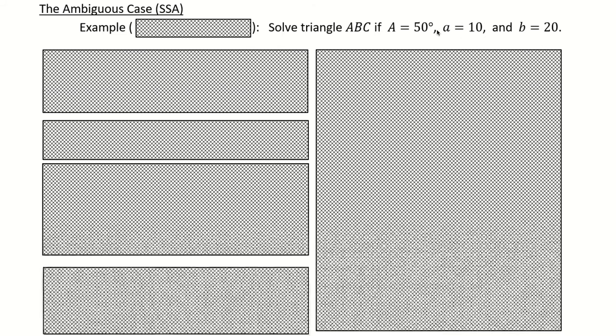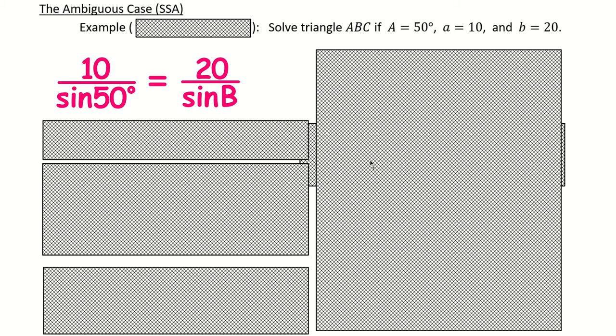Here we don't have both angles, but we can go after big B, because we have both A's and one of the B's. So the bottom line is we can set up a law of sines proportion and solve for big B.